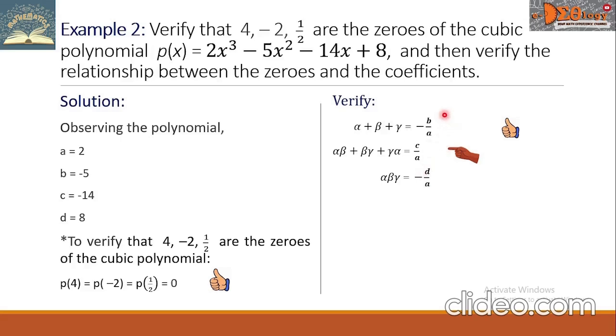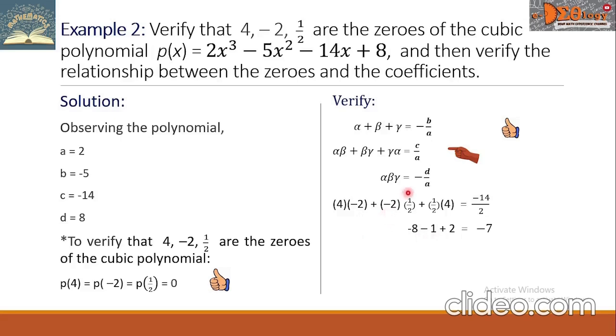Let's go to the second relationship. Let us substitute the values. We have 4 times negative 2 plus negative 2 times 1/2 plus 1/2 times 4 equals c over a. The c is negative 14 over a, which is 2. 4 times negative 2 is negative 8.